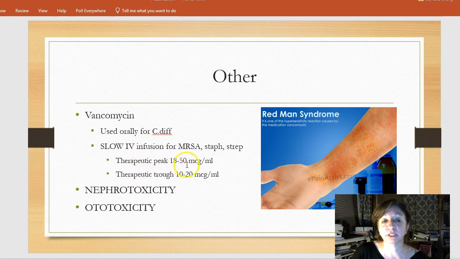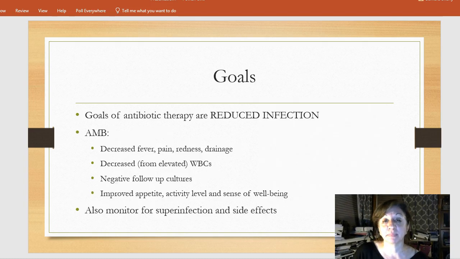We have to watch peak and trough levels. Nephrotoxicity and ototoxicity are other side effects, so we do have to monitor their kidney functions. And another side effect is red man syndrome. It's caused by a hypersensitivity reaction to the medication. So that's another thing we have to look for.